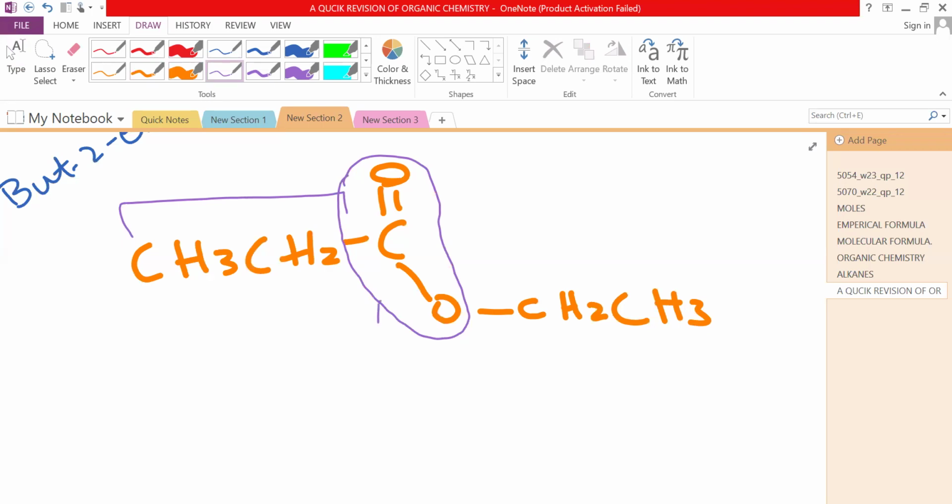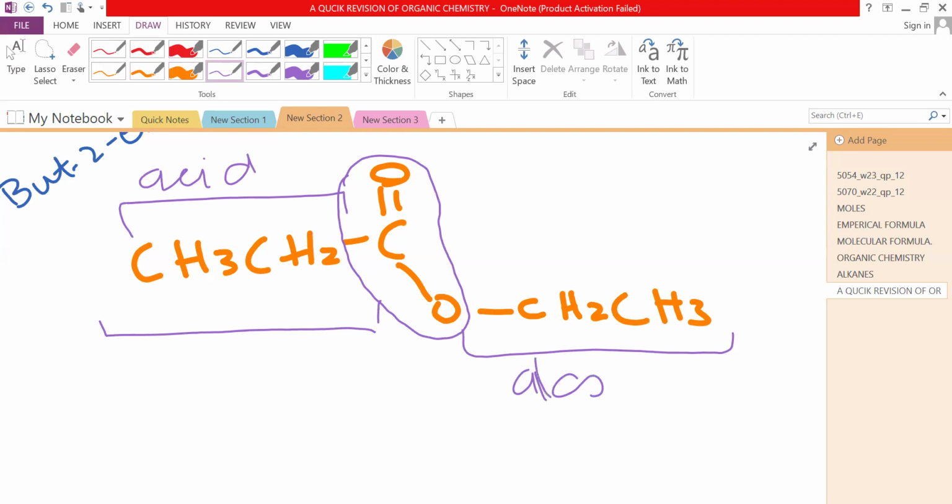The carbon with a double bond and a single bond of oxygen, and the carbons before it, are of the acid. This is the acidic part of the ester. After this carbon with the double bond and single bond, there is the alcohol part.